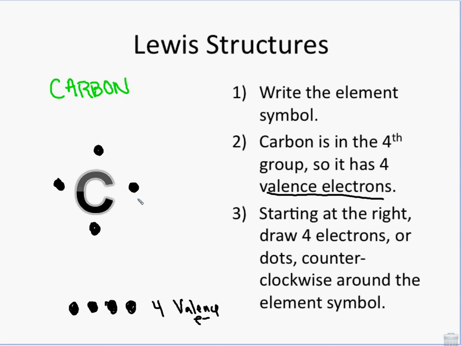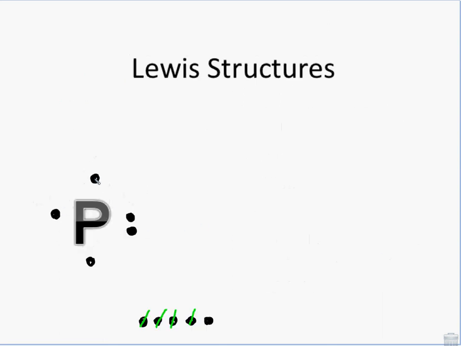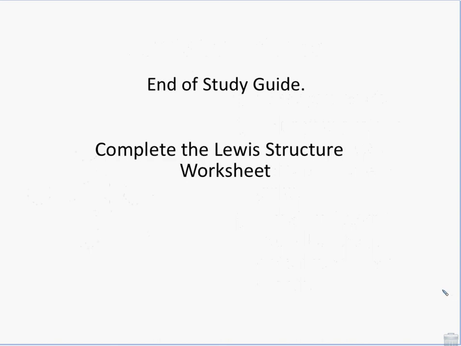If you have more electrons, you can start pairing them up as you continue to go around counterclockwise, like we did in phosphorus. Okay, so there you go. That is a Lewis structure. It's a simplified way to represent an atom and its outer electrons, using the symbol and dots to represent those electrons.